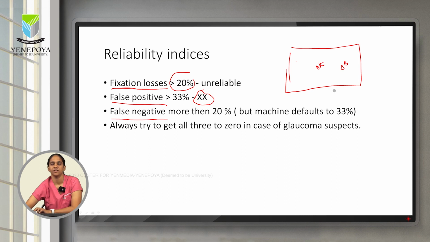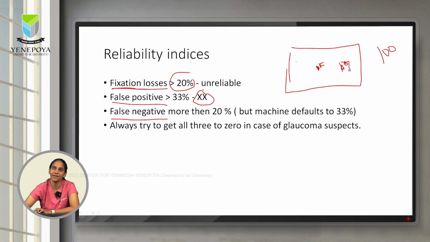So, when the eye is fixing here and the stimulus is shown at the blind spot, do you think the patient will be able to see it? No, right. So, during the test, let us say around 100 stimuli they are giving during the entire test, about 5% of the stimuli will be presented at the blind spot itself.